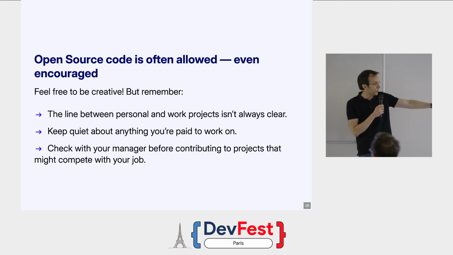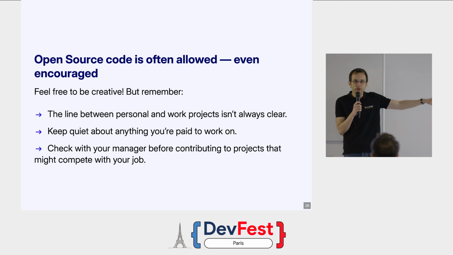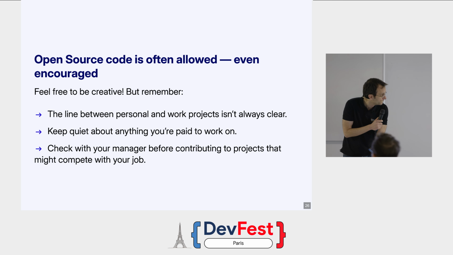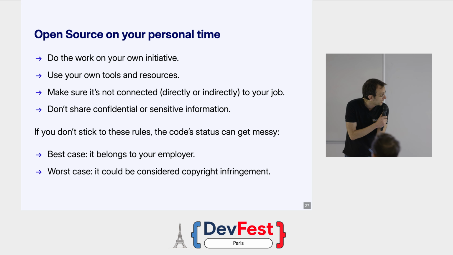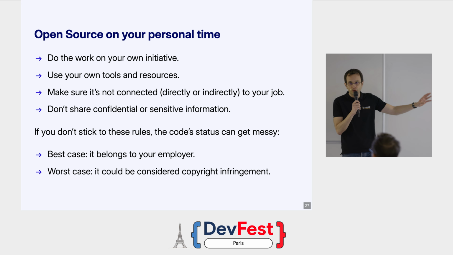And with that, I said also, do not put sensitive stuff like secrets, API passwords, internal URLs into your contribution. And you need to check with your manager that what you do on your personal time does not compete with what you do on your professional time. So, on your personal time, you do the work on your own initiative.